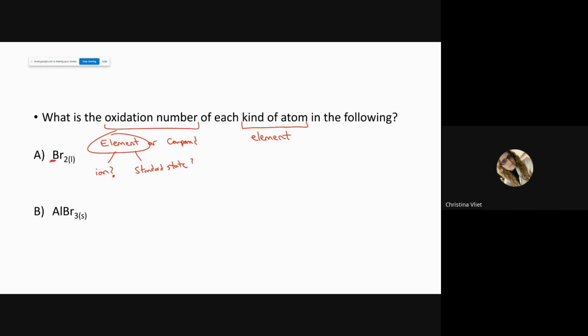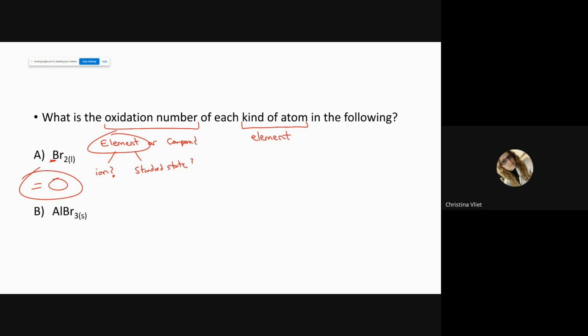Well, is Br2 liquid? Are they presenting you with an ion? You see a charge there? No. So you won't write -1 as an answer, right? Is Br2 liquid in its standard state? Any element in its standard state, the answer is 0. The answer to this question is 0.